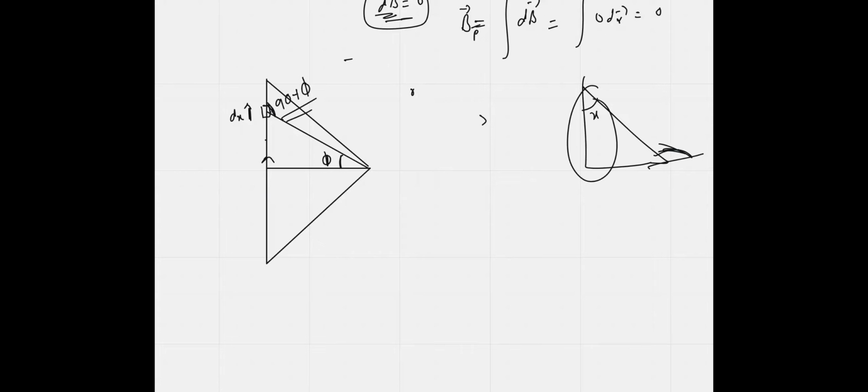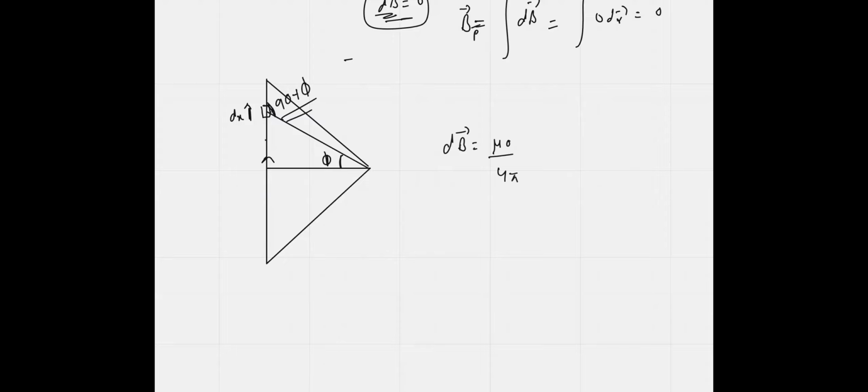Okay, so I'll try to remove it and go back and let's calculate the value. So dB comes out to be mu naught by 4 pi I dx cross r, assume this is x, this distance is r, and this hypotenuse let's call L, divided by L cube.